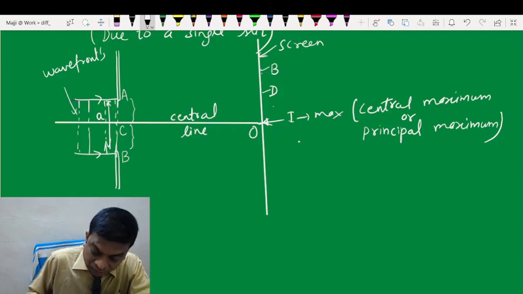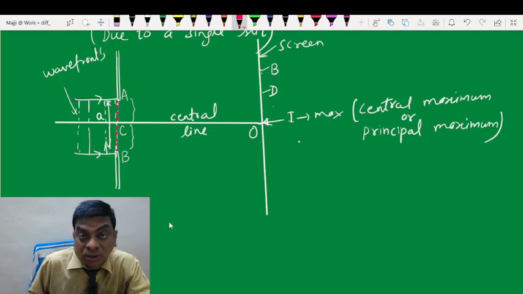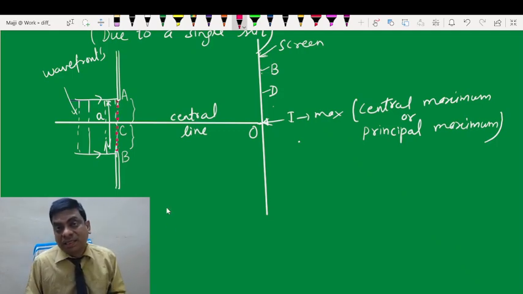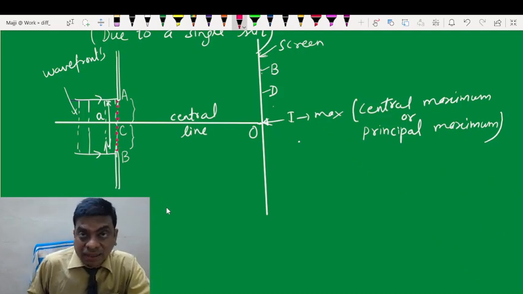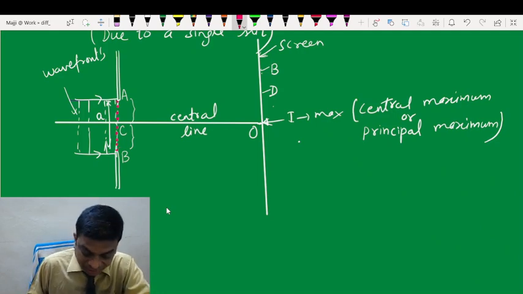Okay. Now AB is basically a wavefront, and as per Huygens wave theory, each point on this wavefront behaves as a secondary source from where secondary wavelets will be arising. Okay, we have already studied this.